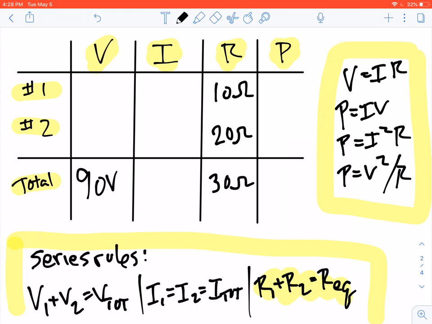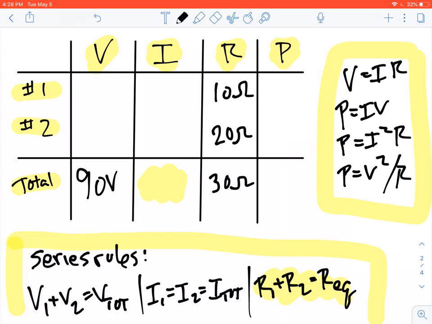Now I can go horizontally here. I can solve for information about the circuit as a whole. For example, I can find the current. If I want to find the current, I can use the formula V equals IR.